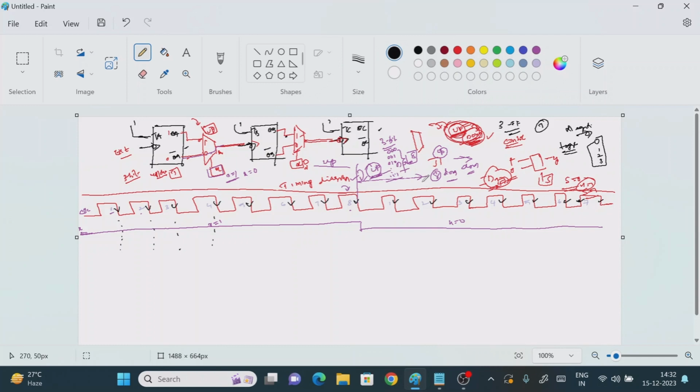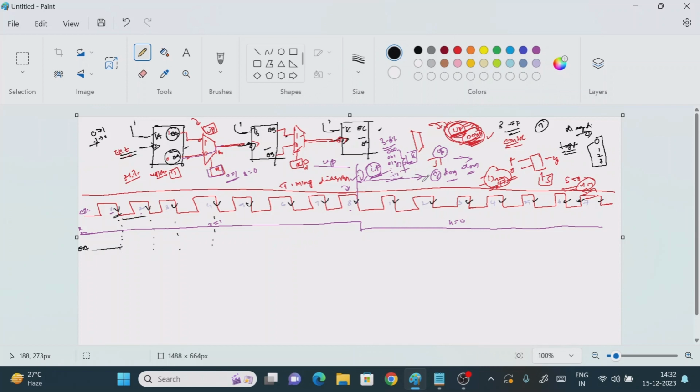Now see that the output of QA depends on the external clock pulse. The external clock pulse always changes from 0 to 1 or 1 to 0. So to find the output of QA, before the first negative edge the value will be 0.